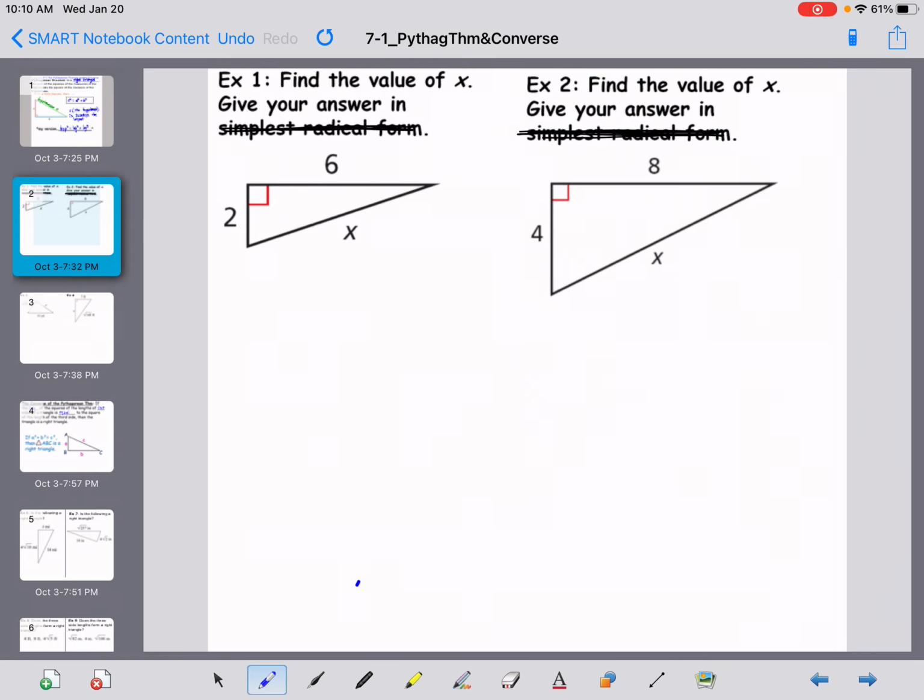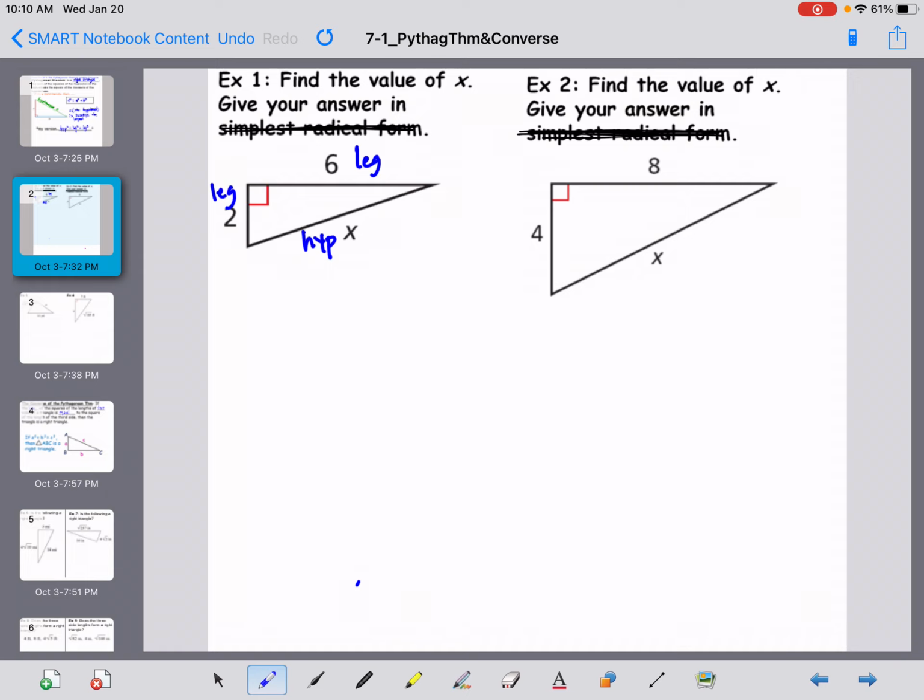So a couple of examples. I've got this example 1 where I want to find the value of x. For the most part, we're going to have numbers that we round to the nearest tenth or to the nearest hundredth. You just want to pay attention to that. So if I look at this picture, I can label leg, hypotenuse.